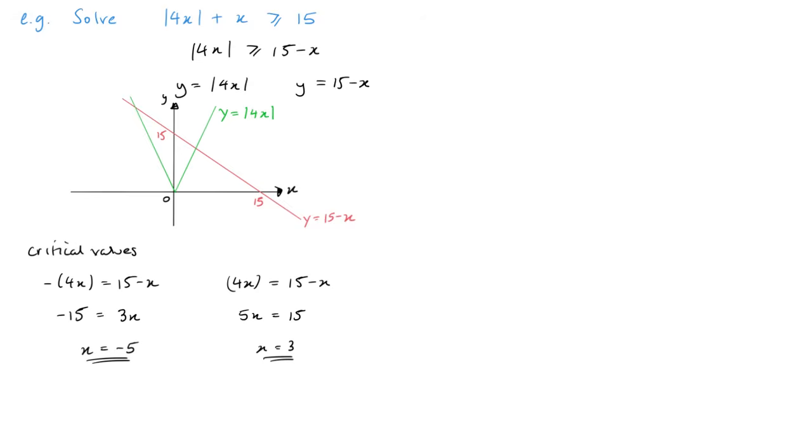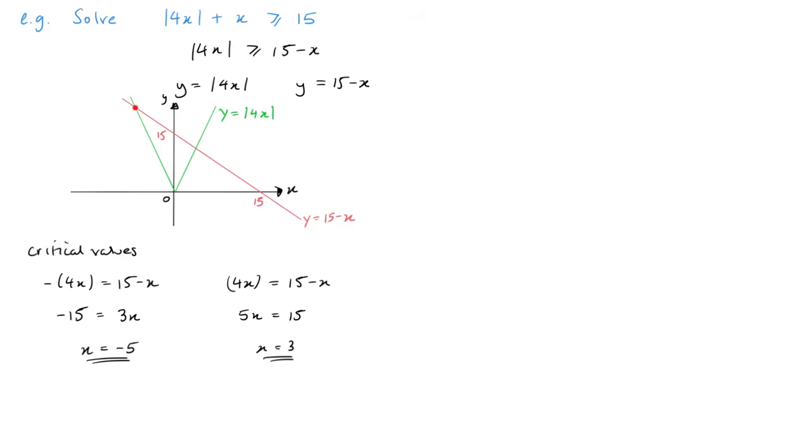Now, back to the inequality: we want when the modulus is greater than or equal to this graph. So we want when the green is above or equal to the red line.